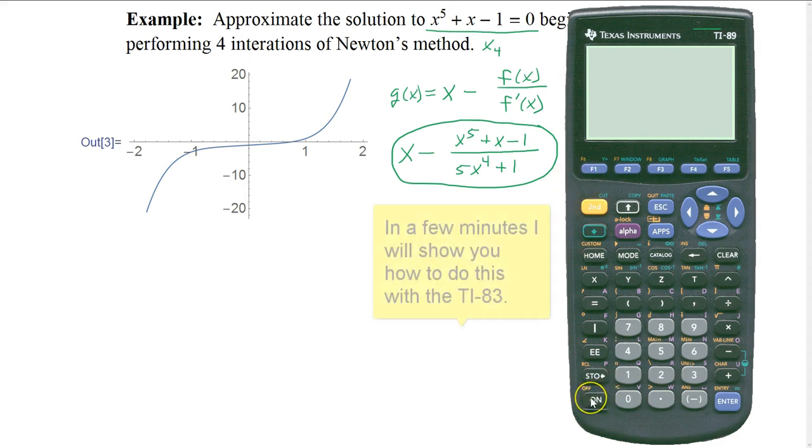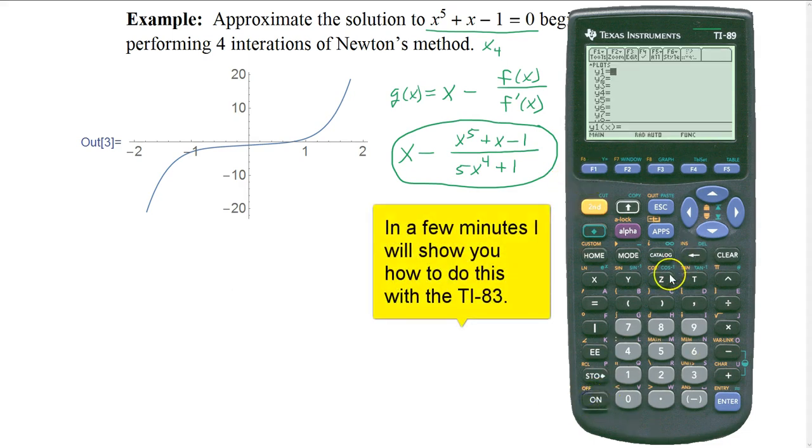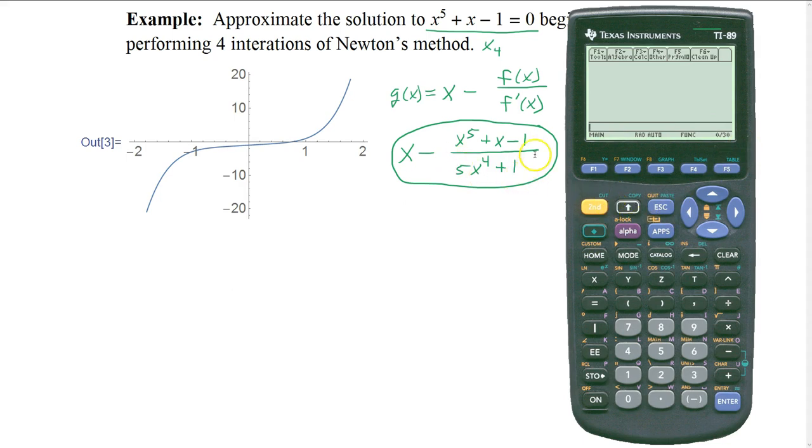Turn it on. Normally you'll probably see your home screen when you first turn it on. We're going to put this function g into the y1 register of our calculator. So we press green and F1, and this is where you enter functions.